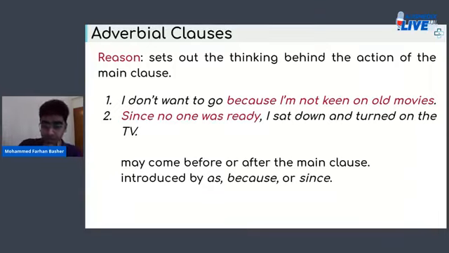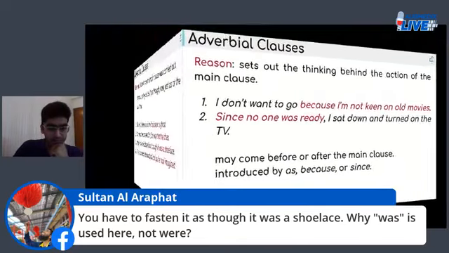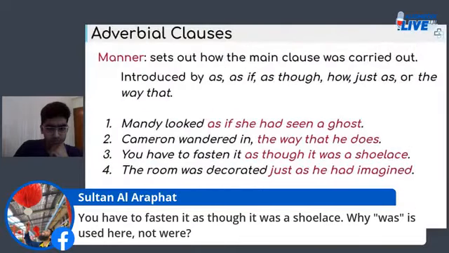We've got this question from Sultan Al Arafat asking, you have to fasten it as though it was a shoelace. Why was this used here and not were? Let me see. Why would it be were?